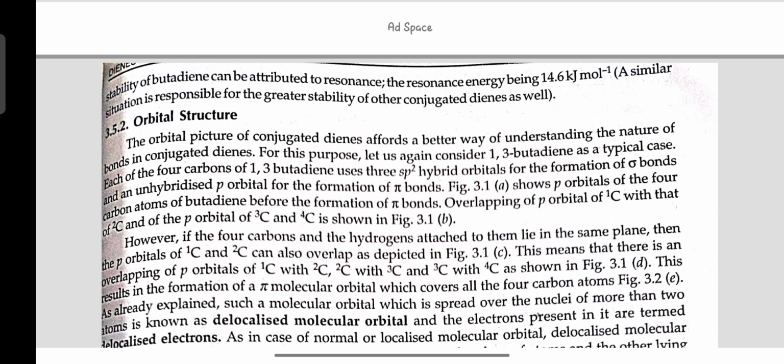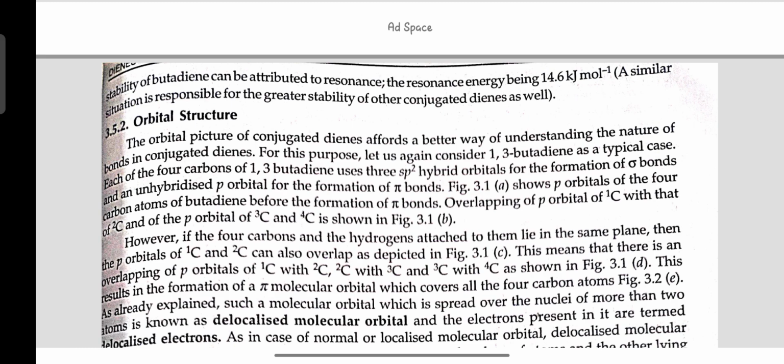C. This means that there is an overlapping of p orbital of first carbon with second carbon, second carbon with third carbon, and third carbon with fourth carbon, as shown in figure 3.1d. This results in the formation of a pi molecular orbital which overlaps all the four carbon atoms, figure 3.1e.